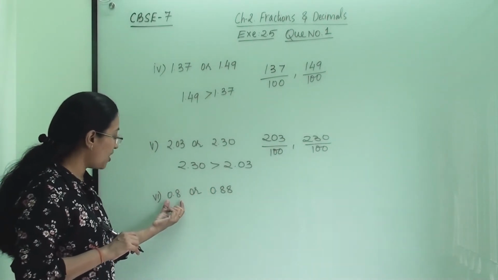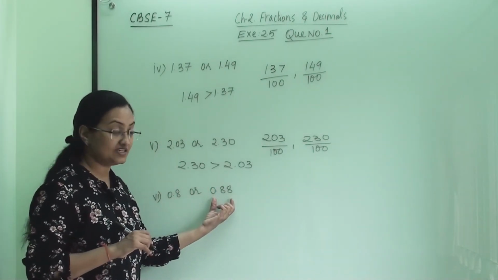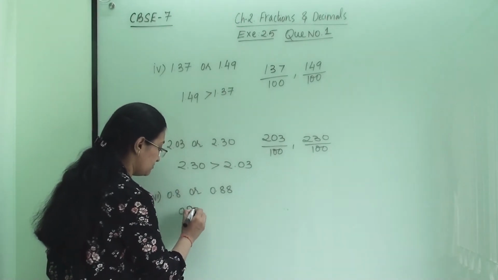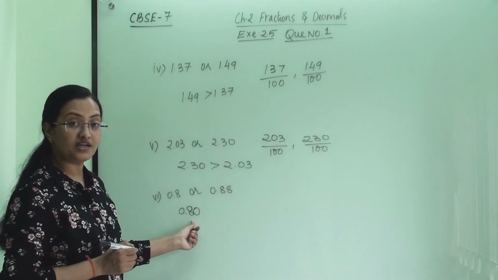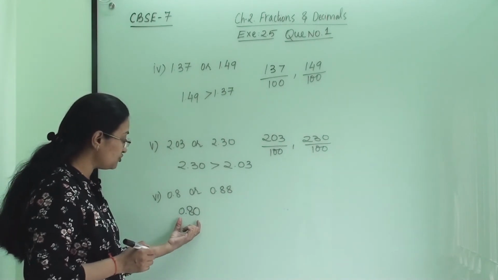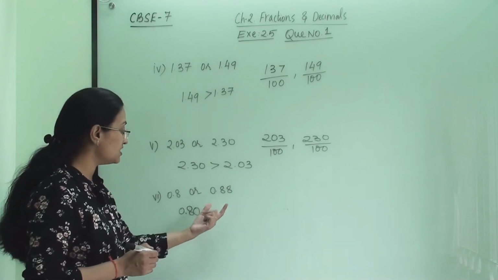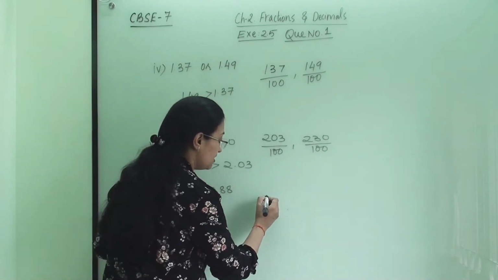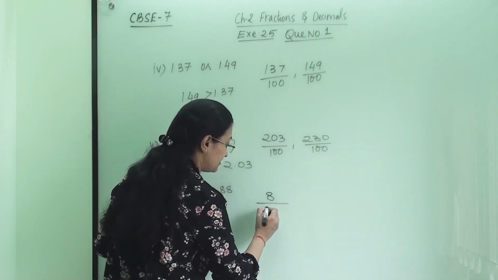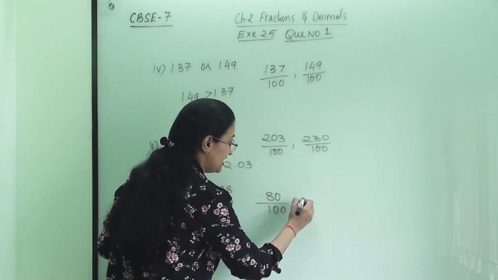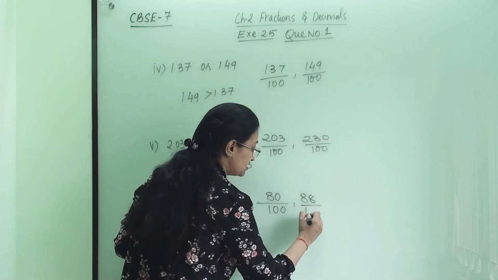Now 0.8 or 0.88. Here 0.8 means 0.80. So now from 0.80 and 0.88, which one is greater? When we write them in fraction form, we write 80 in denominator 100 and 88 in denominator 100.